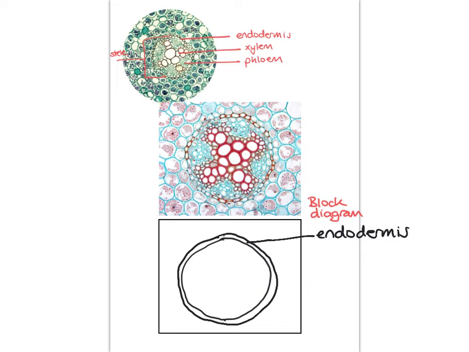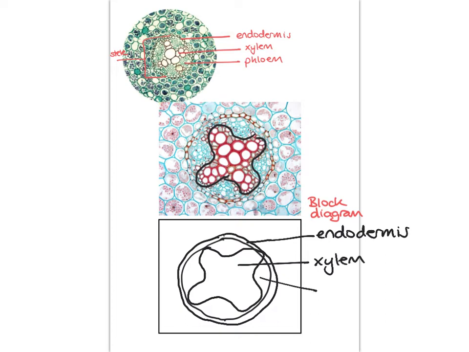And then obviously the xylem, and if we look, this is the xylem. So you need to have that looking something like that. It's not brilliant, but it's not bad. Now obviously you're using a ruler, and then phloem. Okay, it's only 3 tissues.